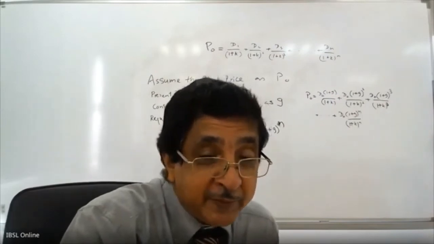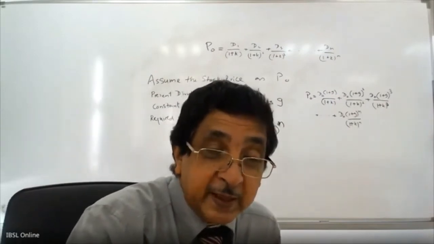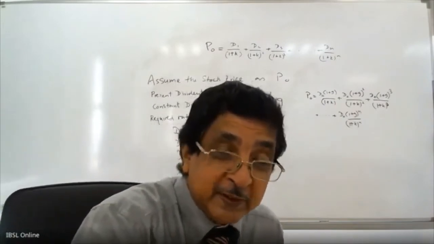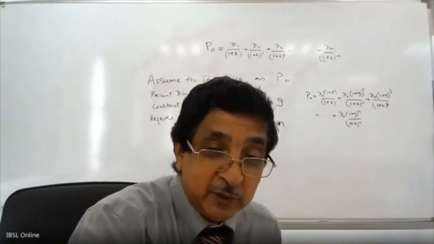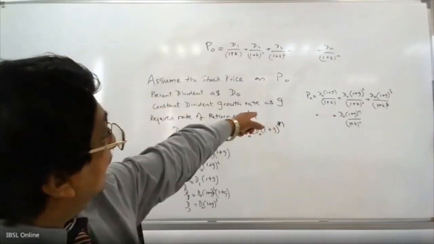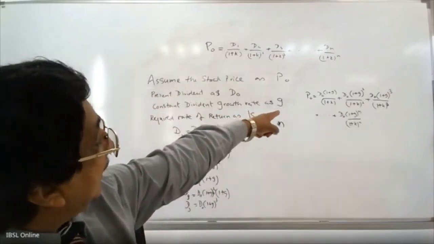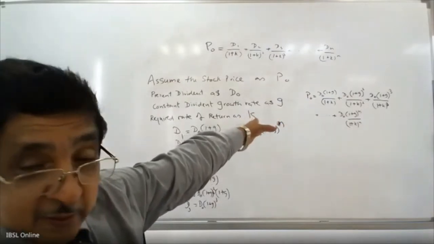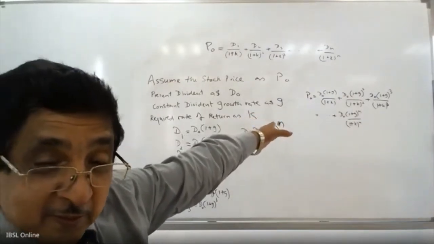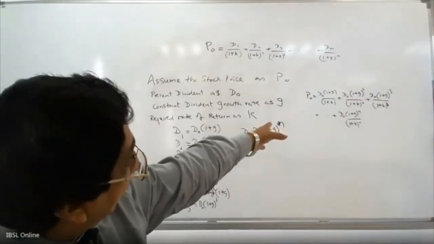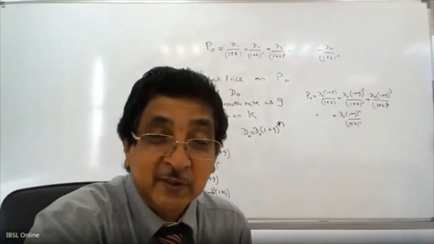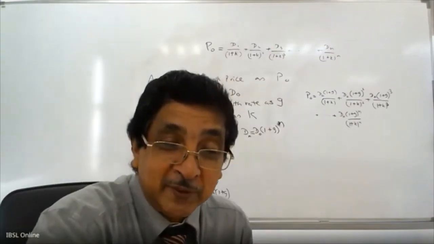Now in a geometric series, there's a common ratio. Now if you take this as a geometric series, the right hand side of this equation, can you tell me what is the common ratio of that? Common ratio.